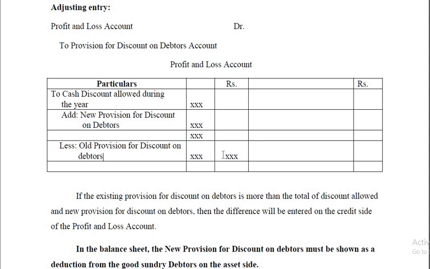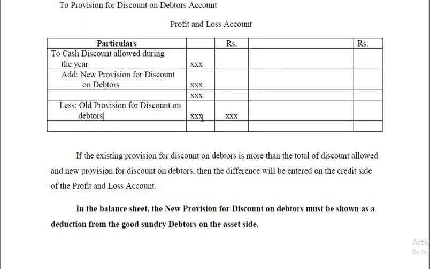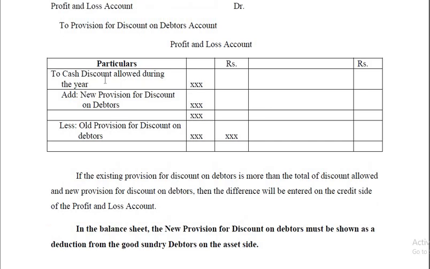So on the remaining amount you are debiting into the profit and loss account. Cash discount allowed during the year, add new provision for discount on debtors, minus old provision for discount on debtors.